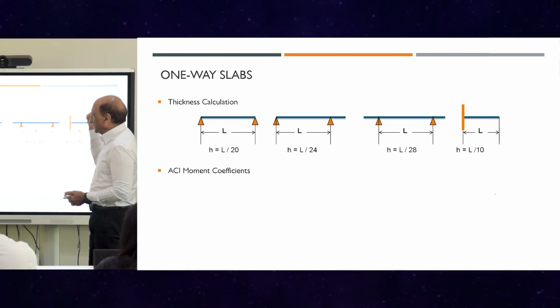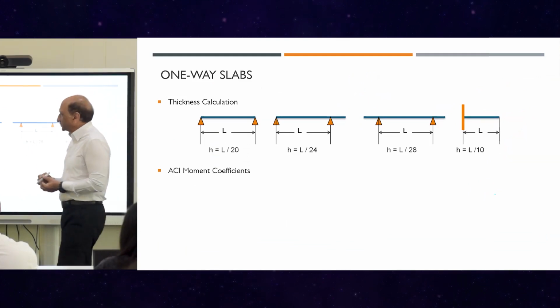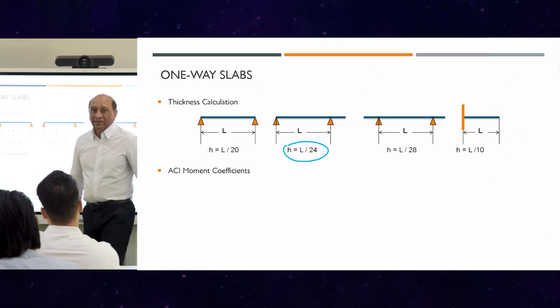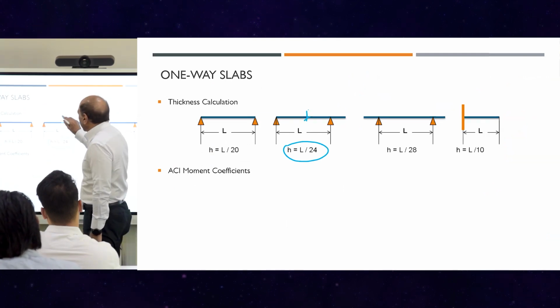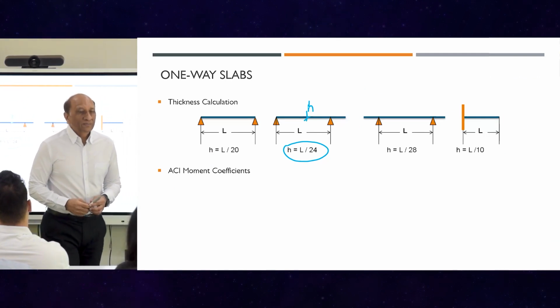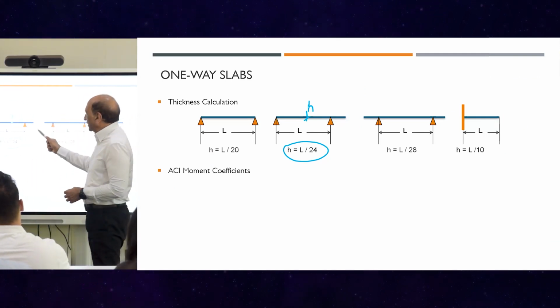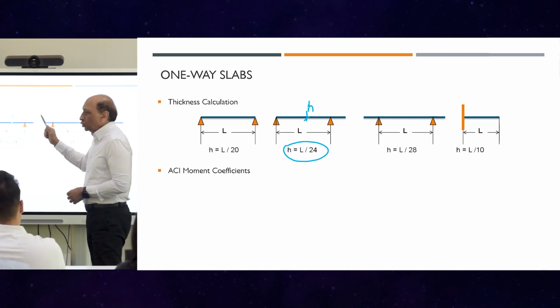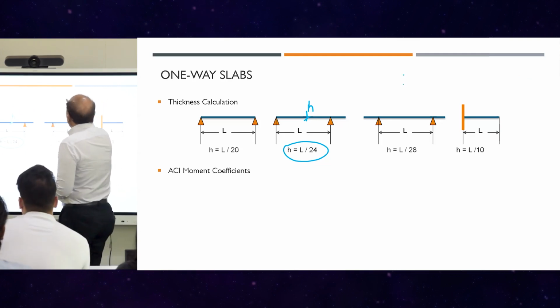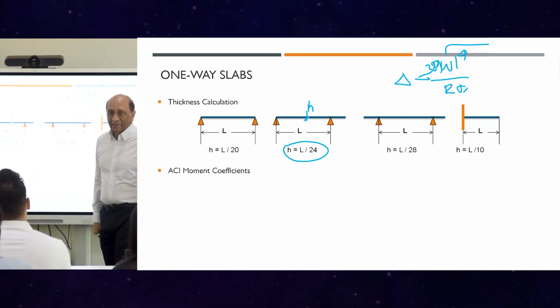Then this is another interesting thing. Estimation of the thickness. H is thickness here. Should be T, but it's H. The code gives you an estimate of the thickness to avoid large deflection. Okay, what is the deflection formula? Okay, that's the deflection formula.